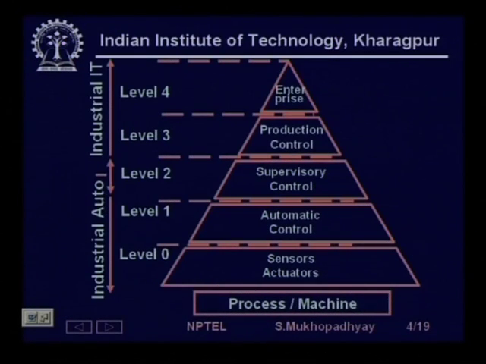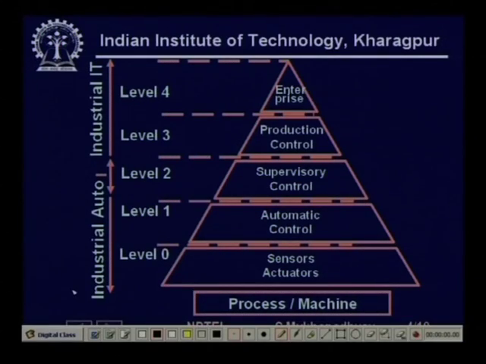So, now let us look at the industrial automation pyramid as a whole. Why is it a pyramid? It is a pyramid because there are several levels. So, it has a vertical dimension. We have the lowest levels of sensors and actuators which directly interact with the process or the machine.